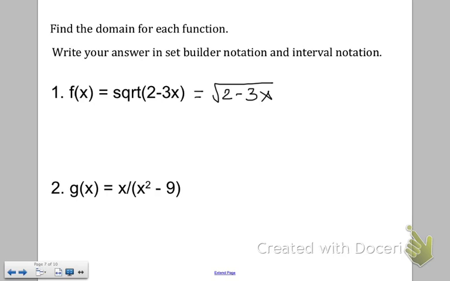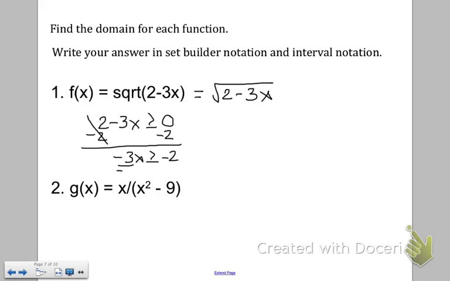Okay? Anytime I have an even root function, I've got to set what's underneath the radical greater than or equal to 0. Okay, so we've got 2 minus 3x underneath that radical. It needs to be greater than or equal to 0. Now, if I solve this, I'm going to move my 2 over by subtracting it. And that's going to give me negative 3x is greater than or equal to negative 2.